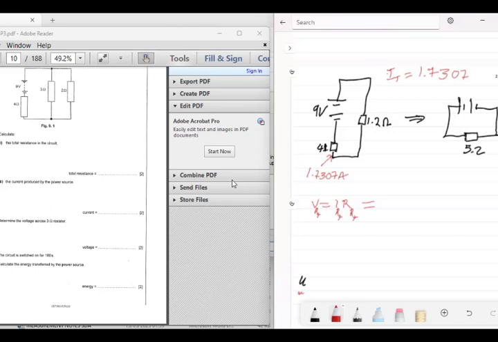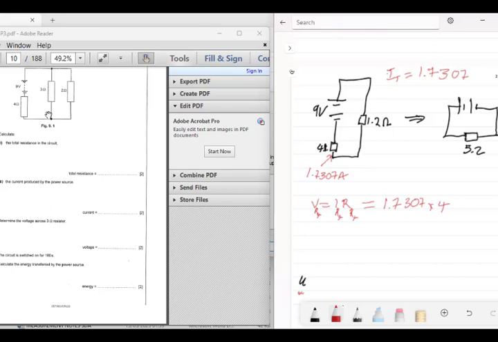So the current through this resistor, as we can see from the question, all the current passes here, it branches here, right? So the current is 1.7307 times R, that is 4. So now we can say 1.7307 times 4.